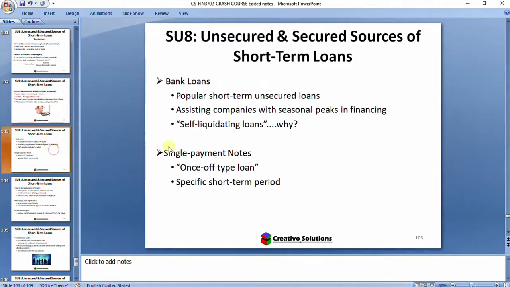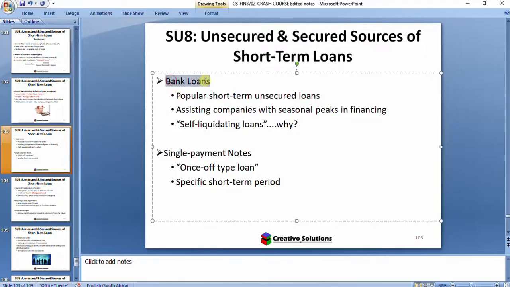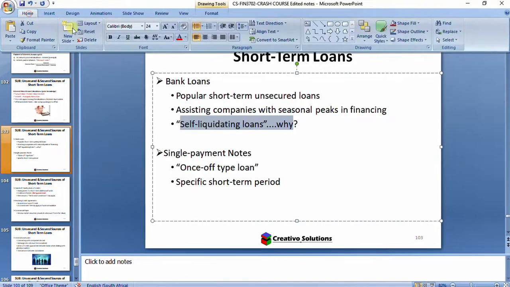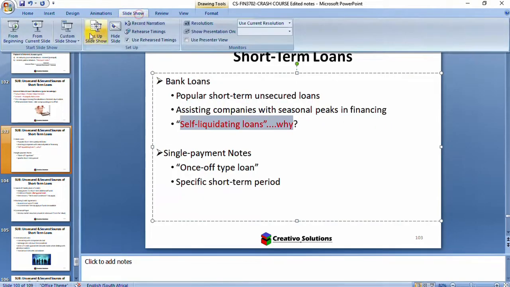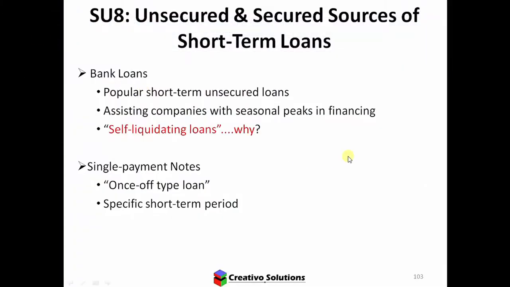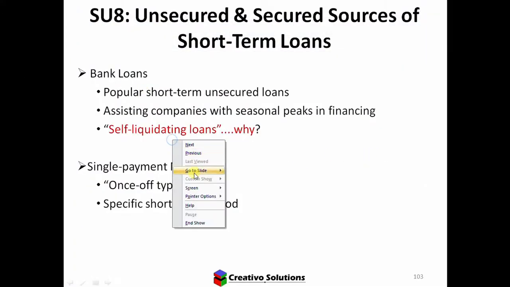Okay. All right, those are the other loans that I spoke about. Bank loans, okay, normal, you use simple time value of money. The textbook talks about them as being self-liquidating. What does that mean? Any idea? Think about liquidity.